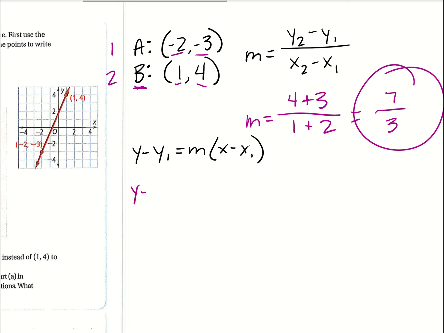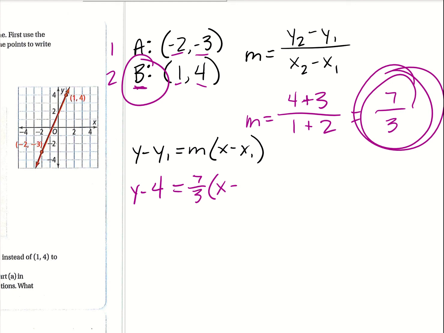Because B is all positives, I'm going to choose B, since that's going to be easier to work with. So our y1, the y coordinate for B, is 4. Then equals m, which we just found was 7/3, times the quantity of x, which doesn't change, minus x1, our x coordinate for B, or 1. And there's our equation in point slope form.